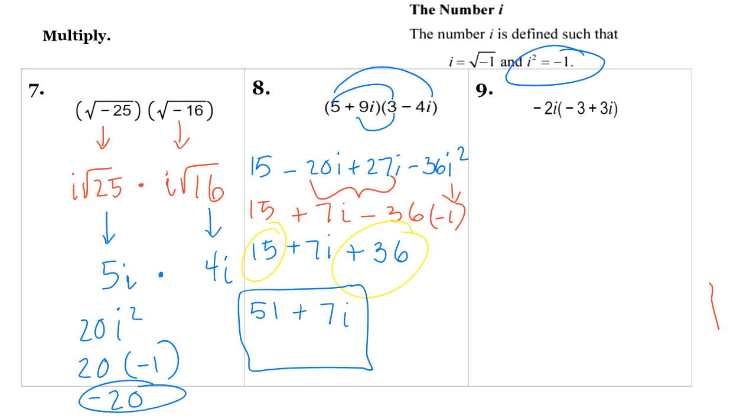Now in the last example that's on this slide, we're still multiplying, so we just multiply everything in parentheses by -2i. -2i times a -3 is +6i. -2i times a +3i is -6i squared.